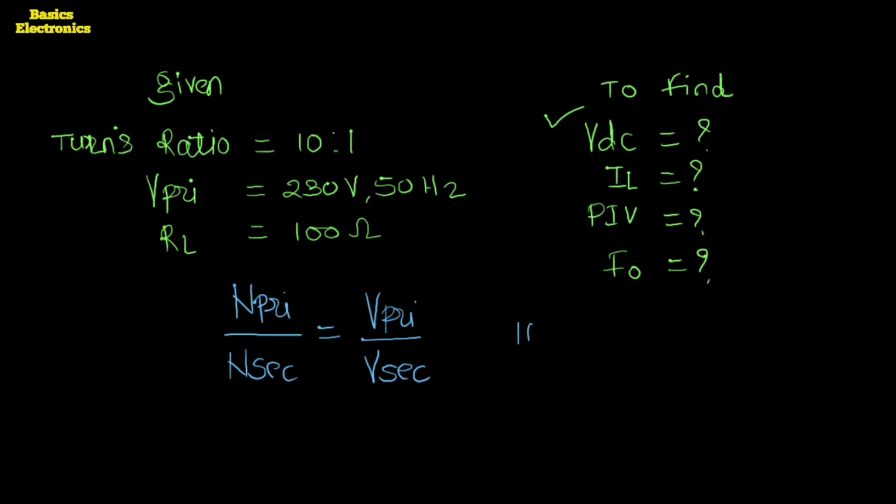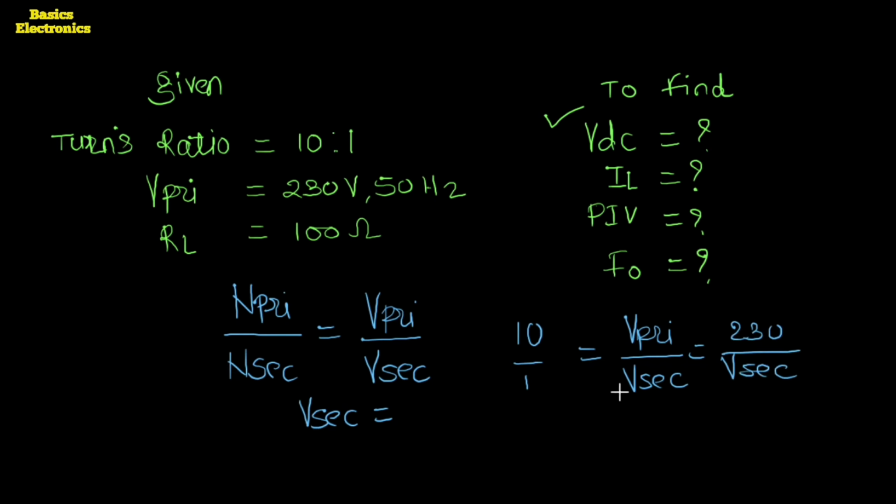So the turns ratio 10:1 equals V primary upon V secondary. So V secondary equals, if we use these values, the primary voltage 230 volt divided by V secondary. So V secondary we can calculate directly, it is equal to 23 volts.